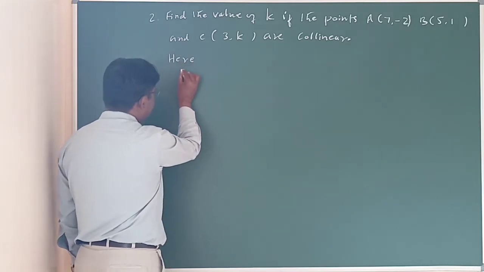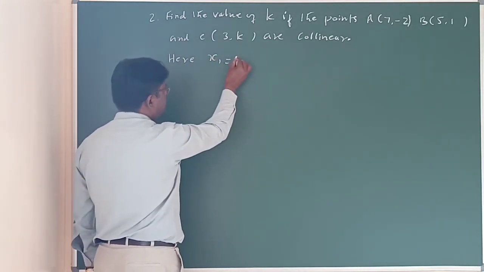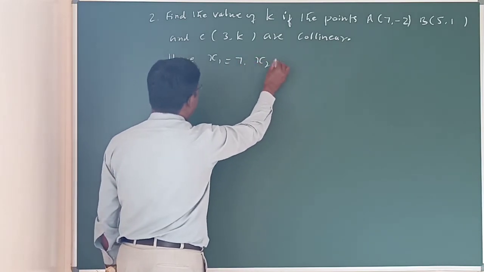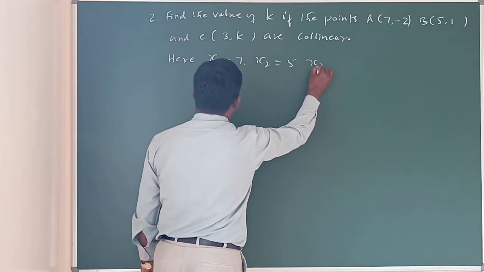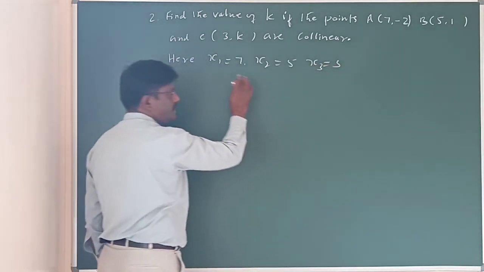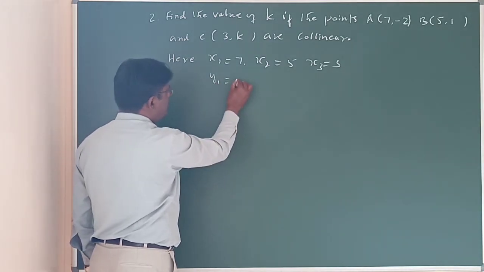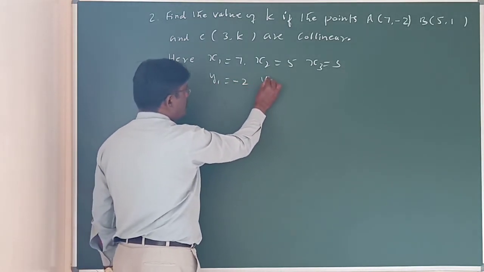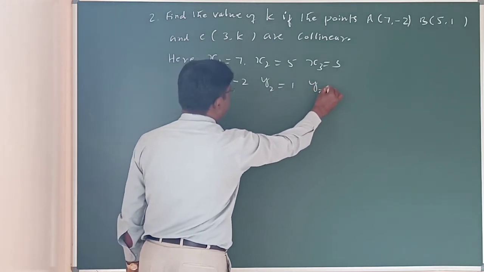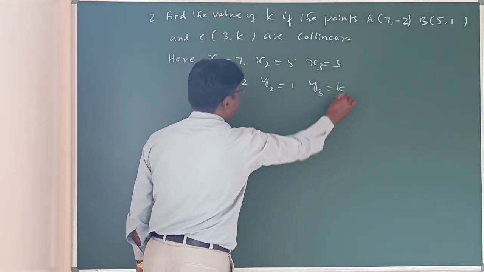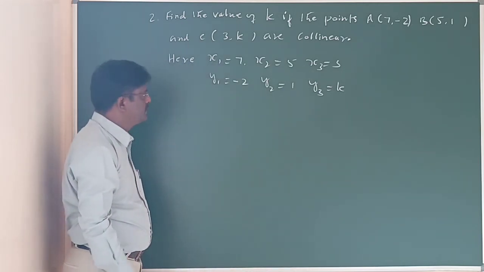Hence, here x1 is 7, x2 is 5, x3 is 3 are the x components. Then we take y1 minus 2, y2 1, y3 k, and k is the one we have to find the value of.